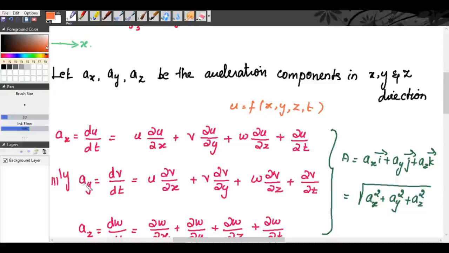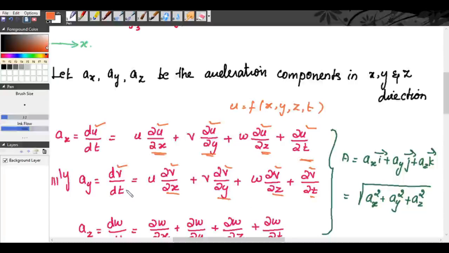Similarly, ay will be equal to dv by dt. So here you see it is dou x, dou y, dou z, dou t, and here it is u. Now for ay it is v. So everywhere in the numerator you will have v, and the denominator is a function of x, y, z and t.